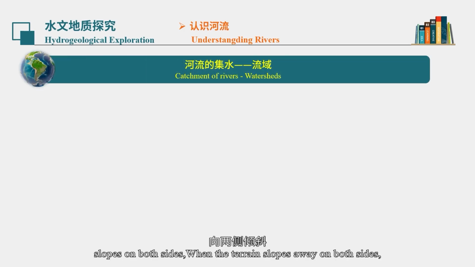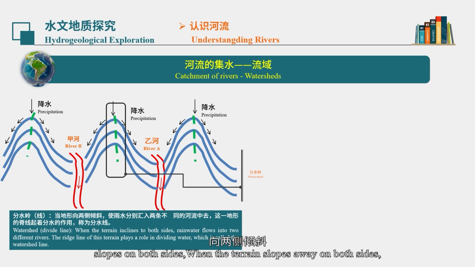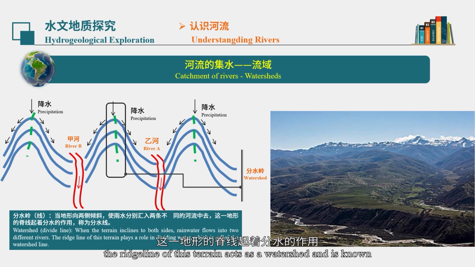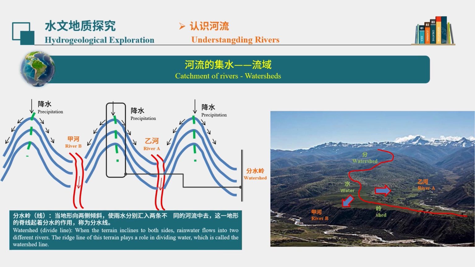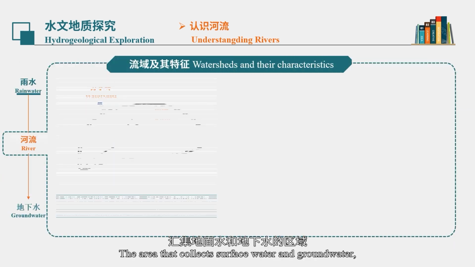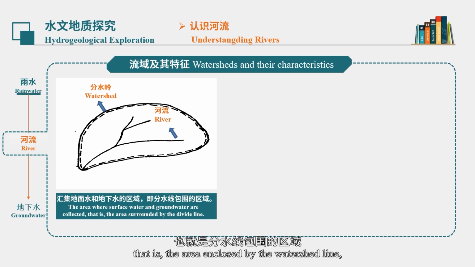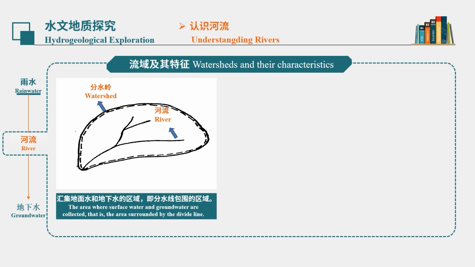When the terrain slopes away on both sides, causing rainwater to flow into two different rivers respectively, the ridgeline of this terrain acts as a watershed and is known as a watershed line. The area that collects surface water and groundwater, that is, the area enclosed by the watershed line, is what we call a drainage basin or watershed.